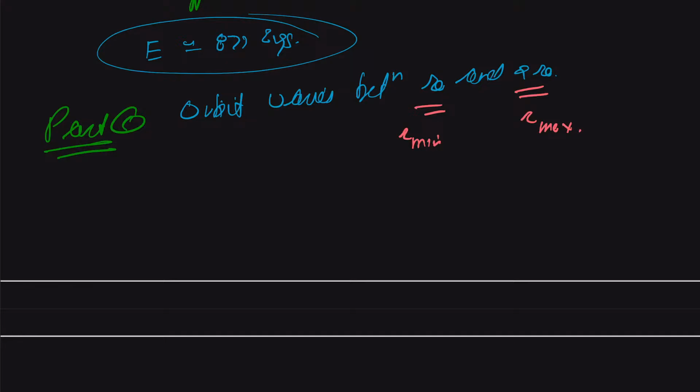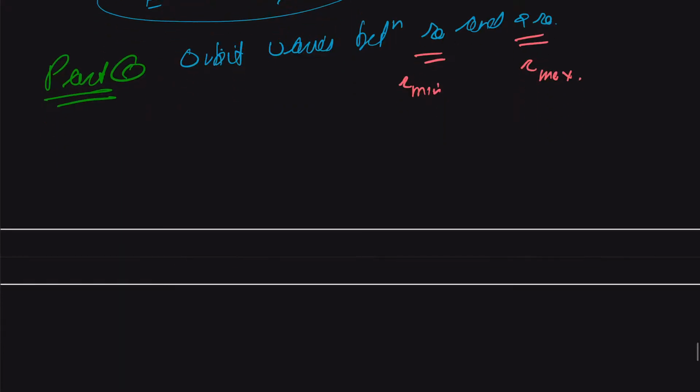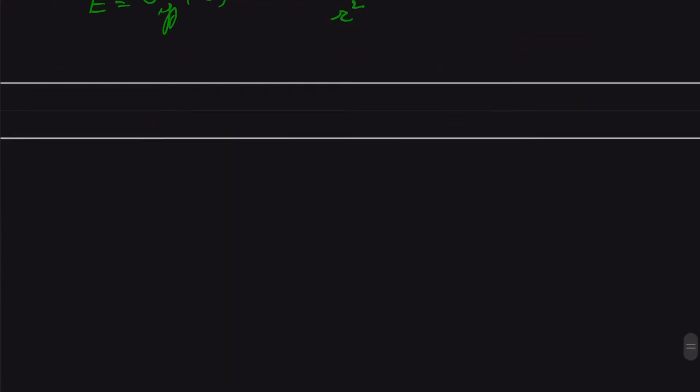And the formula for our energy we already know. So we can say that our energy E is equal to U effective of R, which is R to the power 4 plus 10,000 divided by R square. So depending upon the minimum value of R and maximum value of R, we can just reformulate the equation.